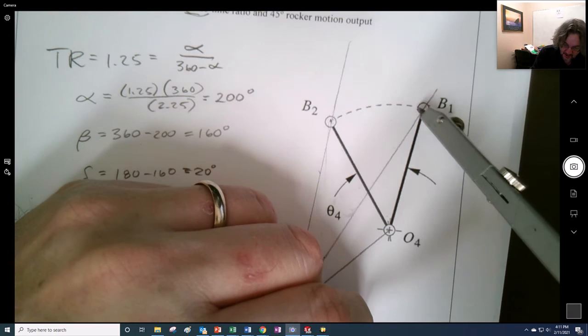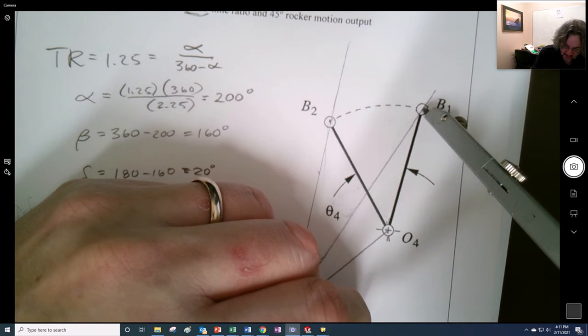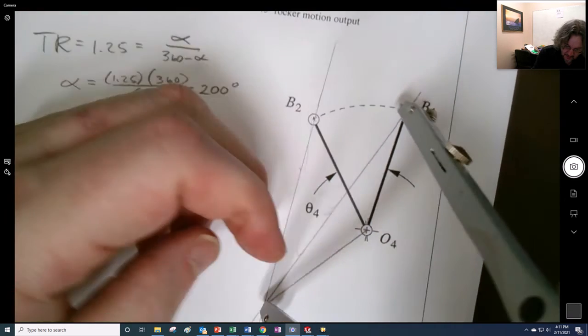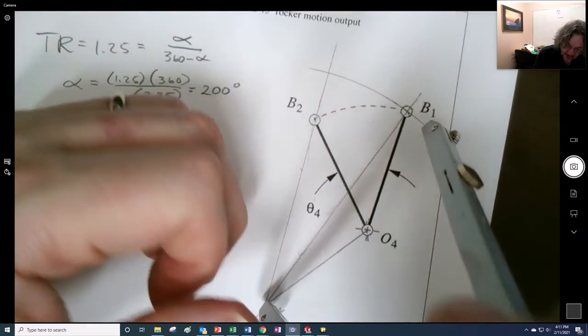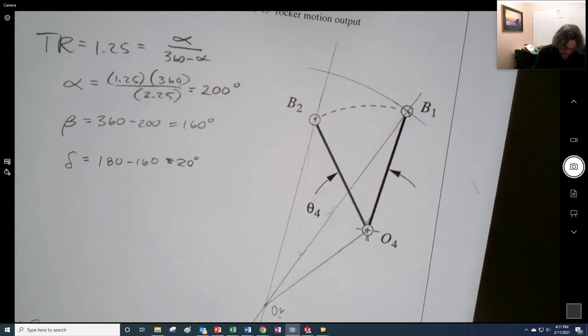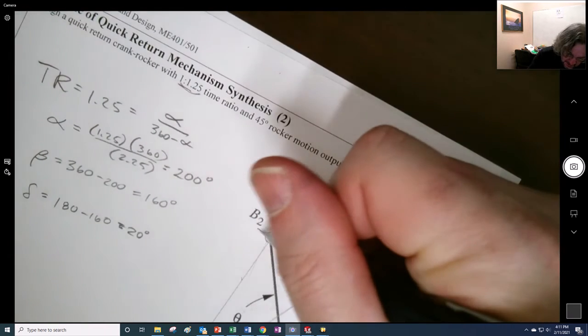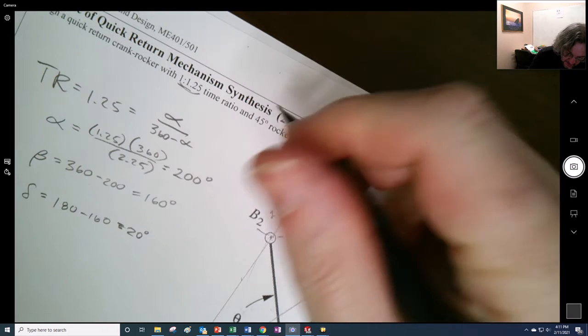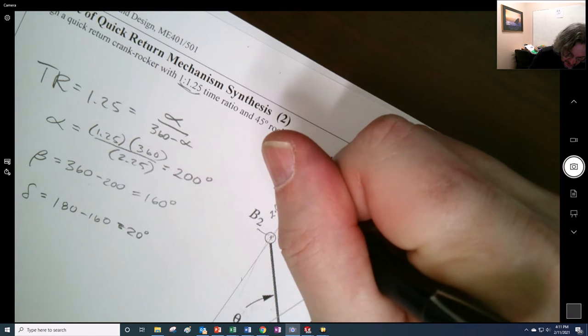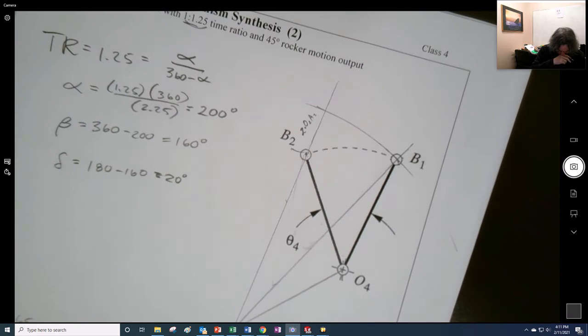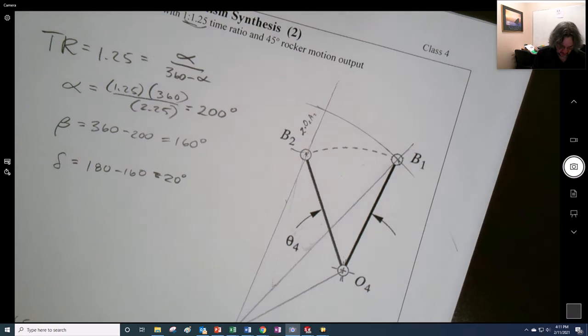We could take this at B2 right here, B1, and find that arc right here, and this distance from here to here is going to be 2 times what they're calling O2, A2, right? So to A2, which is the crank distance.